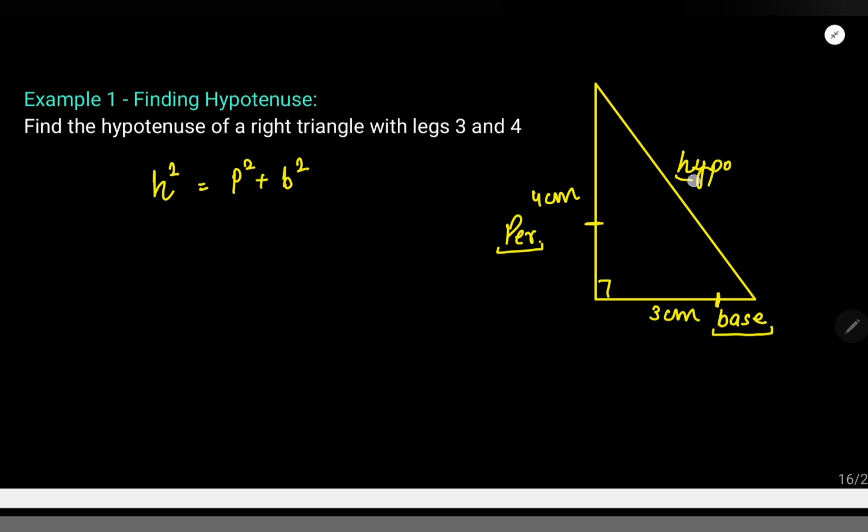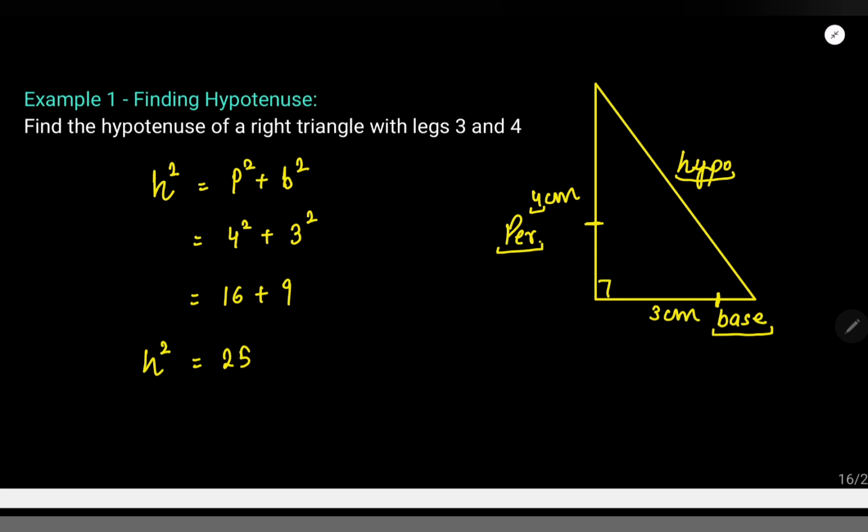Whenever you learn trigonometry as well, you will use these terms. So hypotenuse square is equal to p square plus b square. P square means 4 square, because p is 4. B square means 3 square because base is 3. So this is 16 plus 9, that is 25.